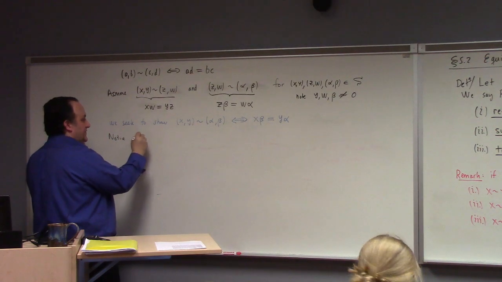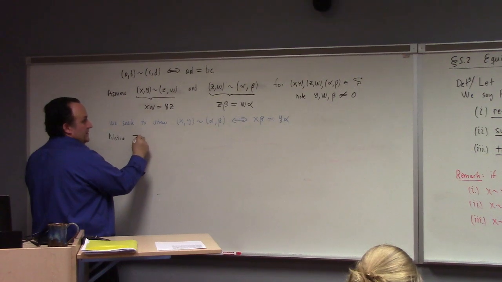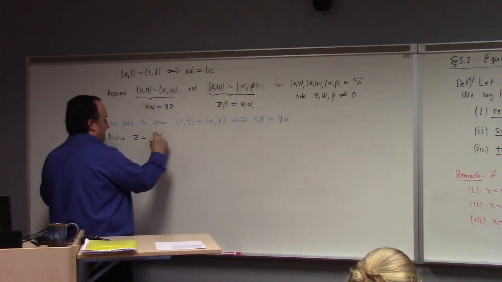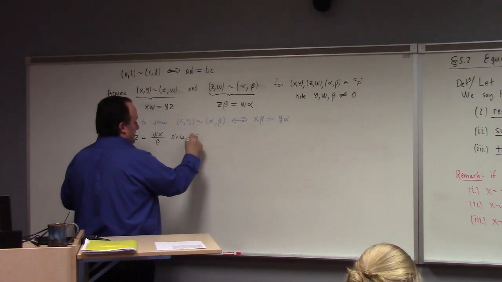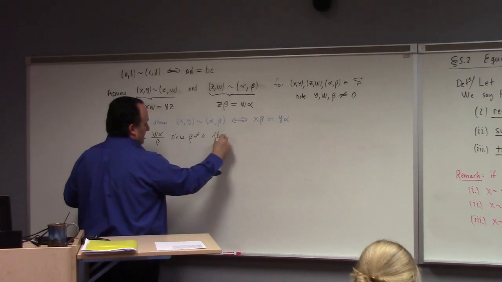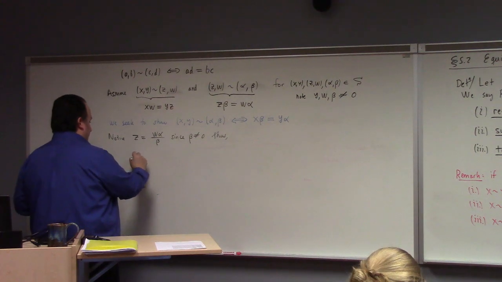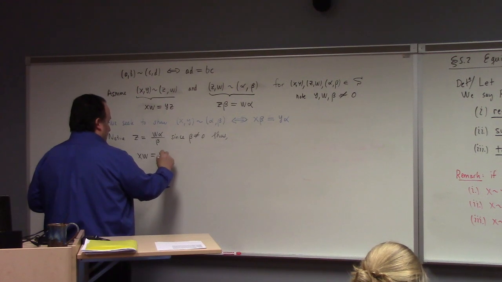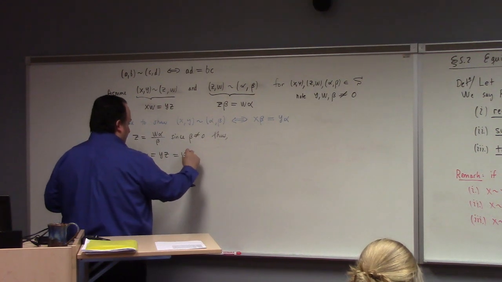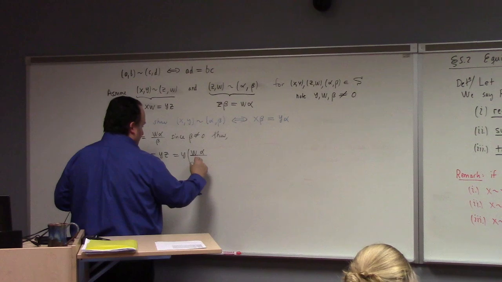All right, you say, notice Z is equal to W alpha over beta, since beta is not equal to 0. Thus what? Plug it in the first place. XW is equal to YZ, which is equal to Y times W alpha over beta. All right, very good.